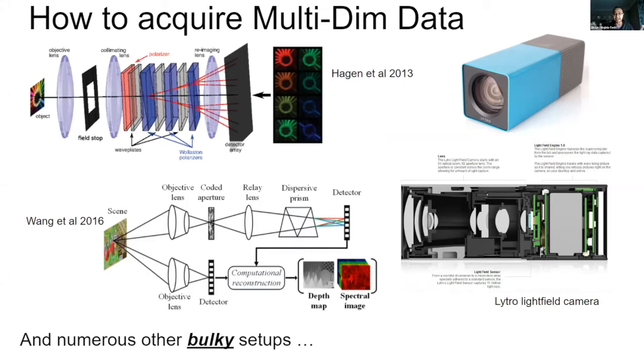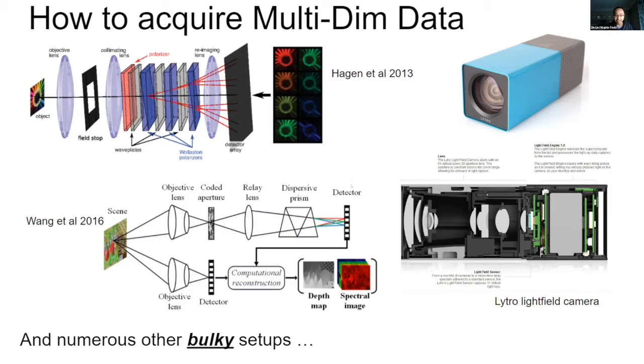The more you want to acquire, the more complicated, heavier, and bulkier your setup becomes. And it's even more challenging if you want to acquire not only spectral data but also depth data, like hyperspectral depth imaging.